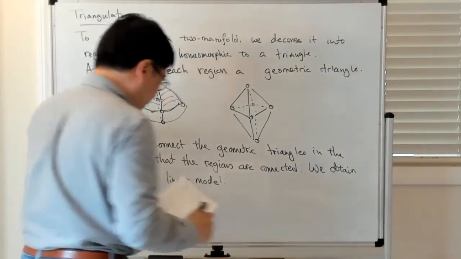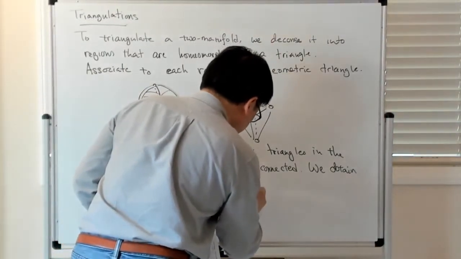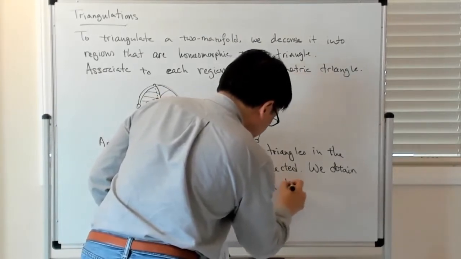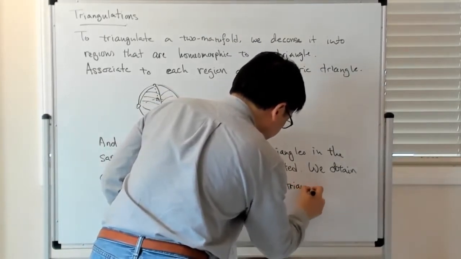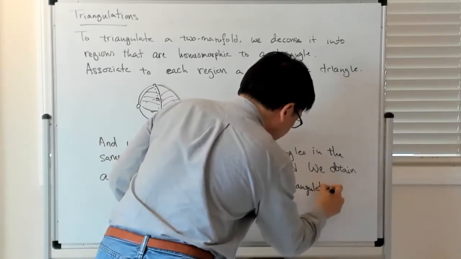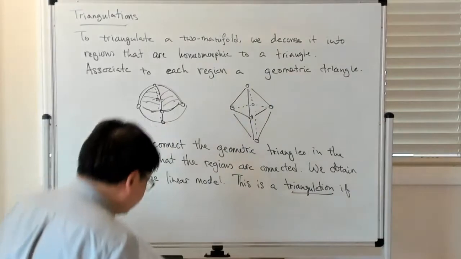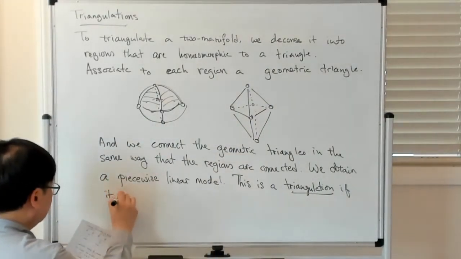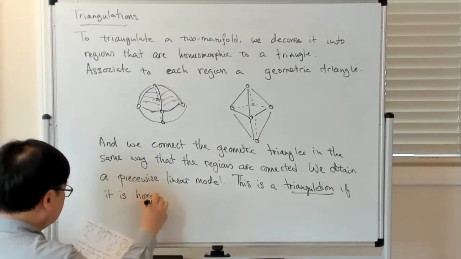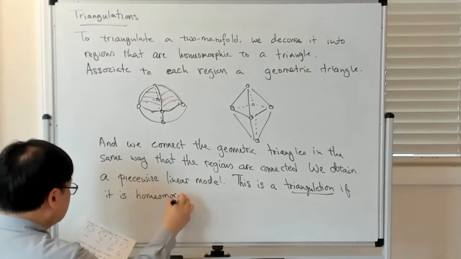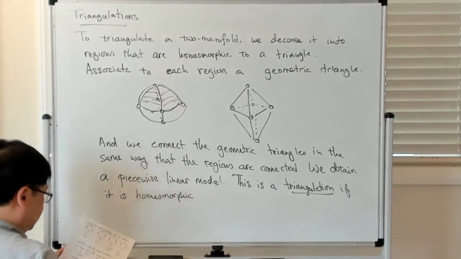And this is a triangulation if it is homeomorphic to the two-manifold.